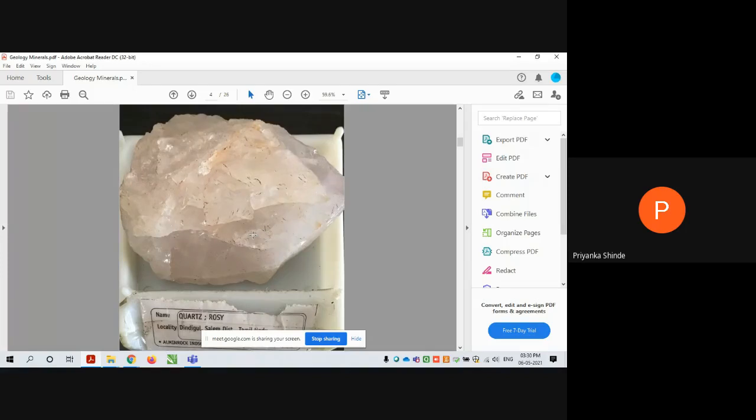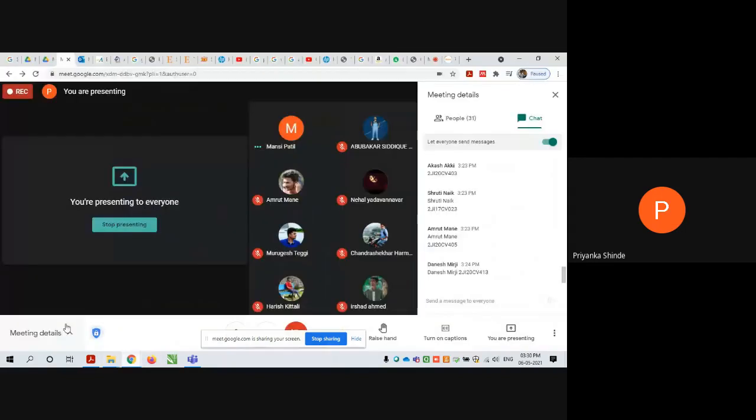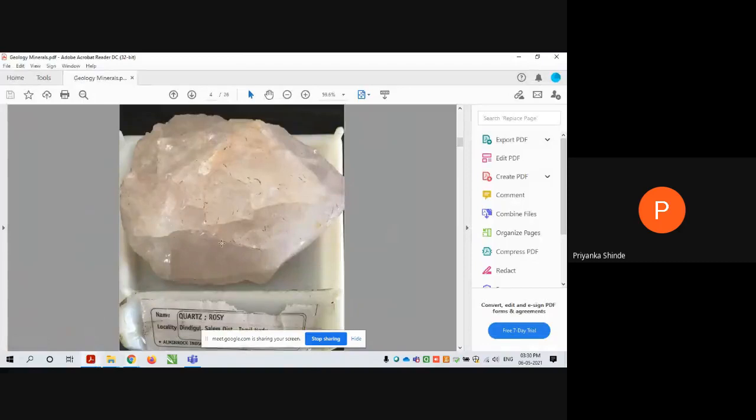So what term do we use to describe that? If the mineral looks like broken glass, what luster does it show? Vitreous. Transparent is diaphanity.